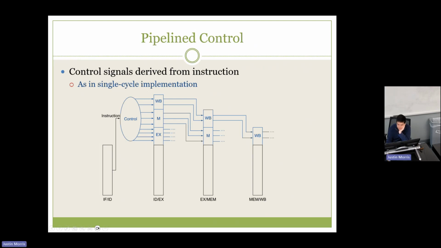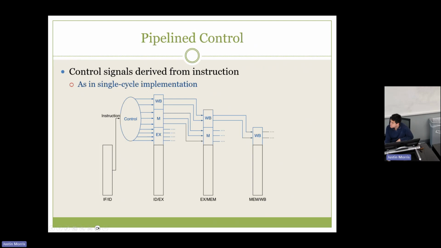And then because I'm done with the execute phase, into the next pipeline register, I don't need to save my execute control signals anymore, right? I'm done with them. But I need to save what I'm going to use for memory, what I'm going to use for write back. I consume what's for memory. I only save what's for write back because I've used my memory control signals. And then I go back over here towards the decode stage to write back if I was going to write back.